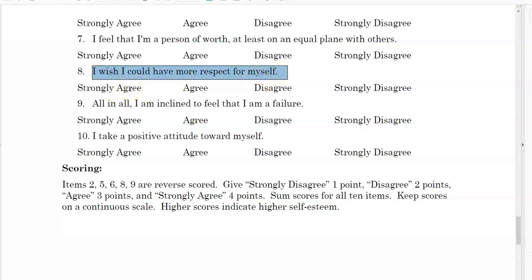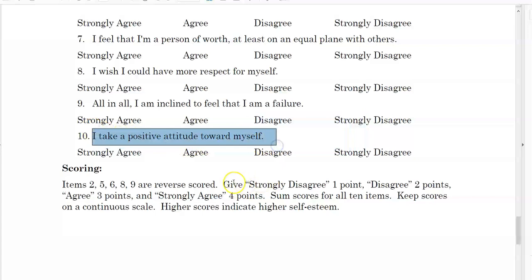Otherwise, let's just take, for example, item number 10. If we take item number 10, I take a positive attitude toward myself, it's likely that your average Joe Soap, the average person, would say, well, I actually agree with this statement. I actually feel positive about myself.